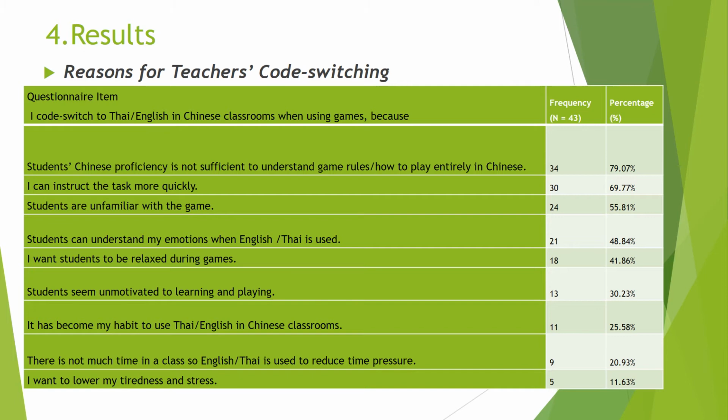The second is that teachers can instruct the task more quickly. The third is that students are not familiar with the games. And the fourth is that students can understand teachers' emotions when English or Thai is used.